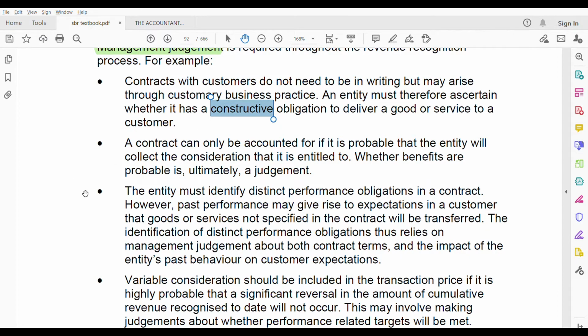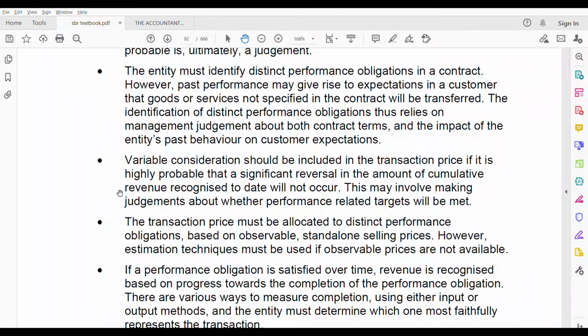Third, an entity must identify distinct performance obligations in a contract. However, past performances may give rise to expectations in a customer that goods or services not specified in the contract will be transferred. There might be in the past that some goods and services which are not there in the contract were transferred to the customer.